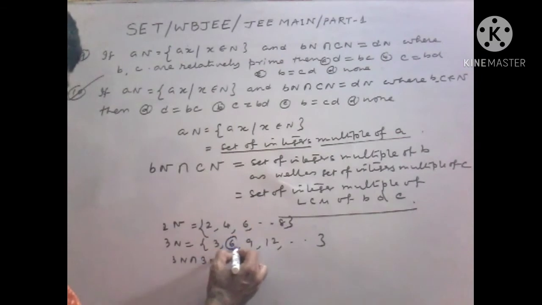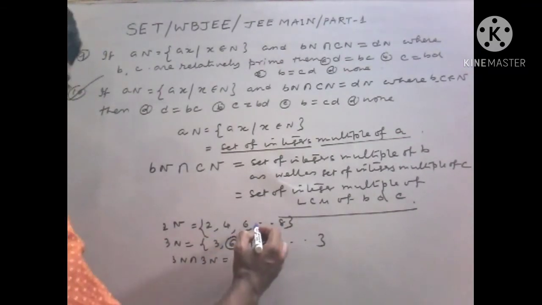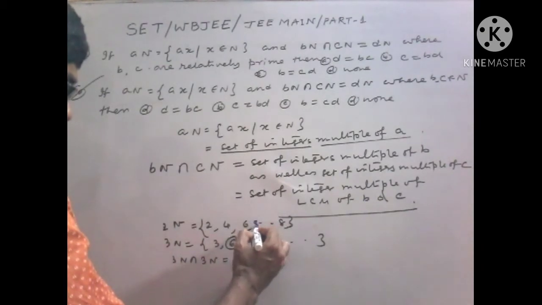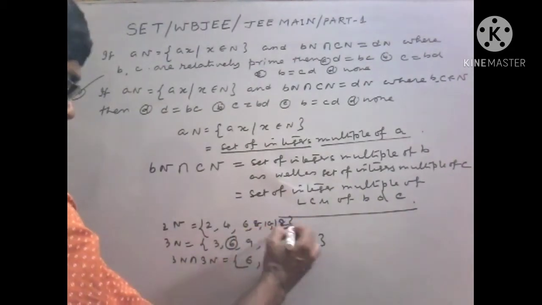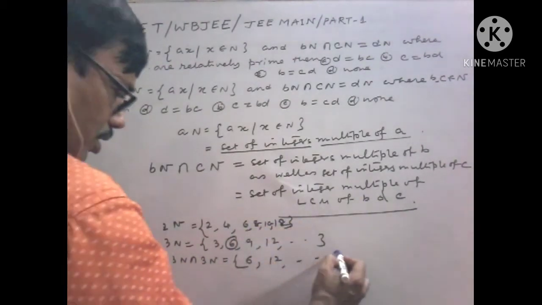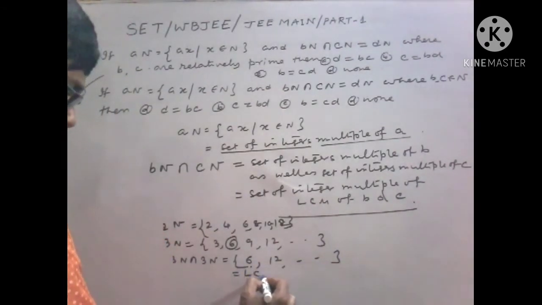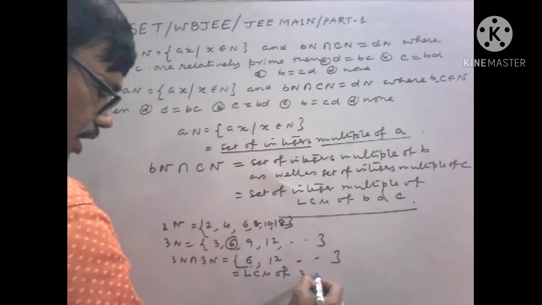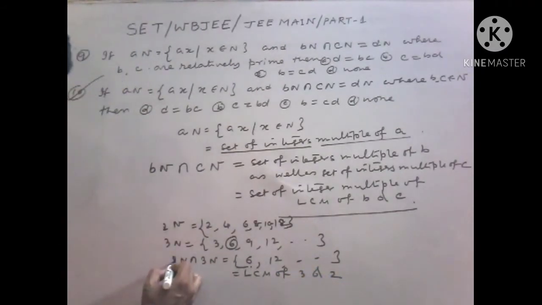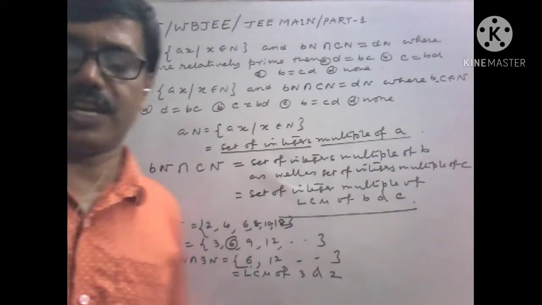The common element is 6. Then 8, 10, 12: common is 12. So the multiples of 6. That is the LCM of 3 and 2. So that is Bn intersection Cn.